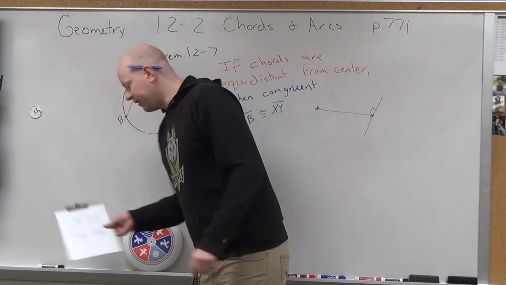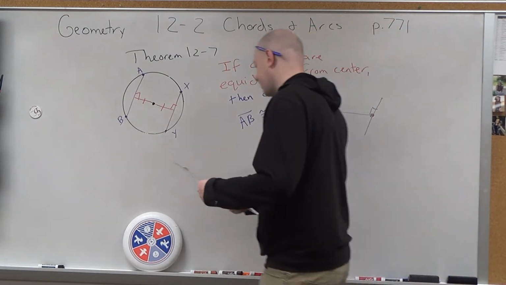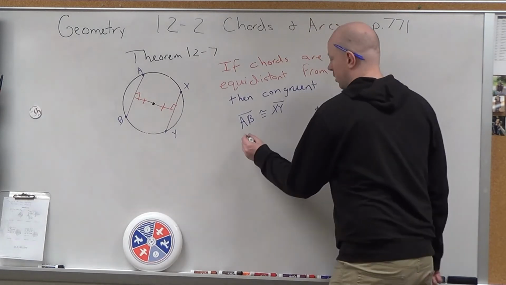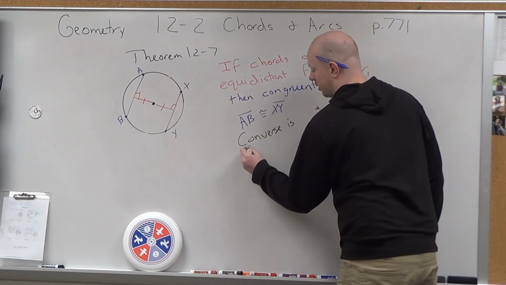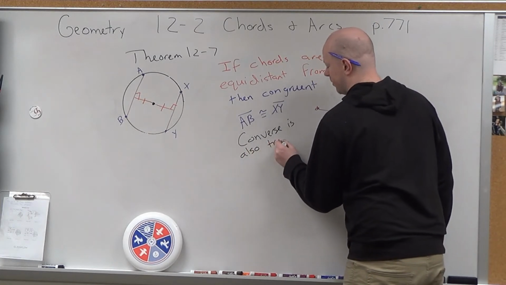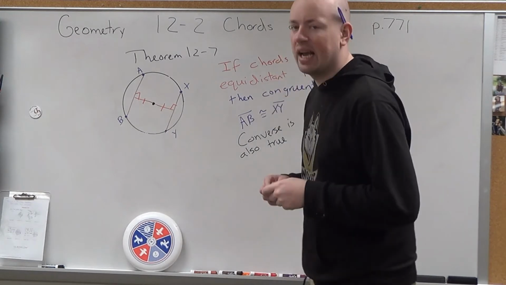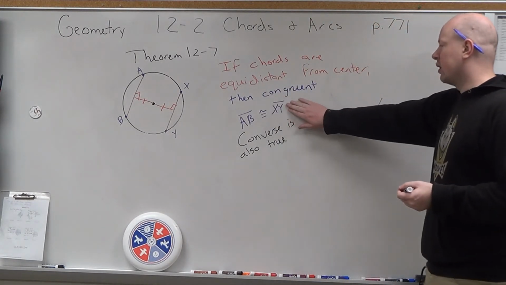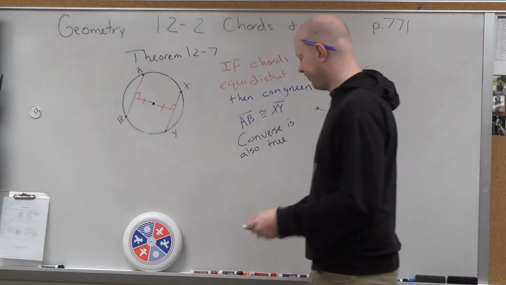Now I believe that the converse is also true. It is. So, again, converse is also true. I'm not going to write out the converse just because I think I'm falling behind here on my time, but my converse would be if my chords are congruent, then they are equidistant.